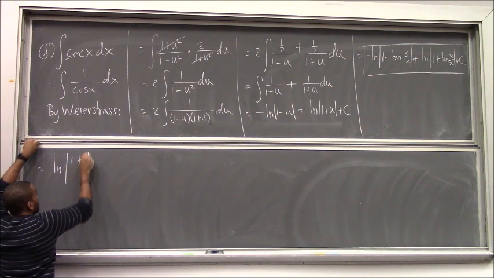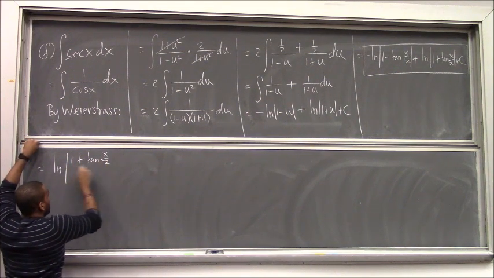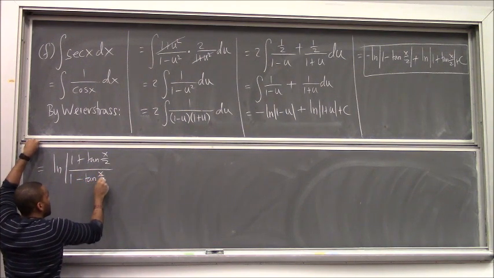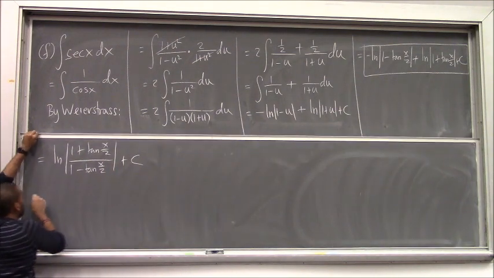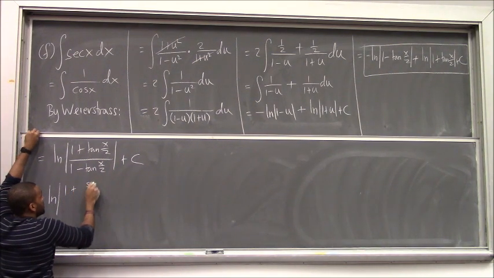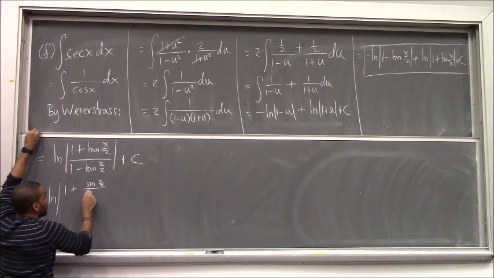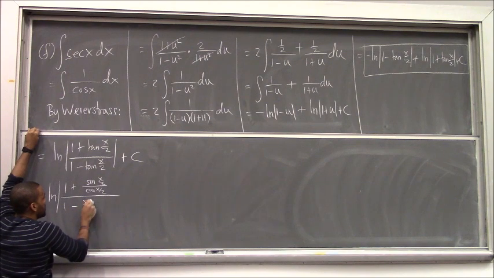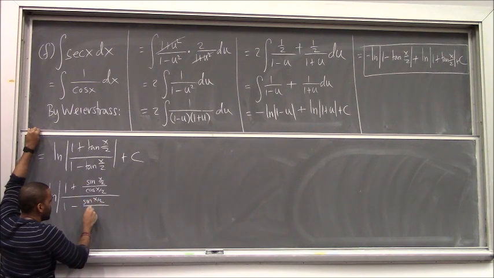Can we combine it? Yeah, I can write it as that, and probably switch to sines and cosines. So this is sine of x over 2 over cosine of x over 2, over 1 minus sine of x over 2 over cosine of x over 2.